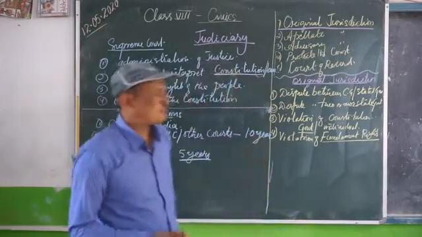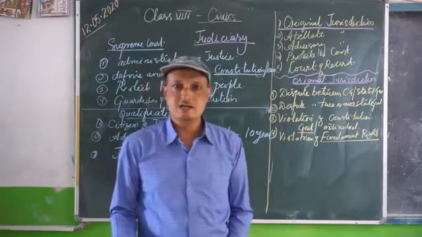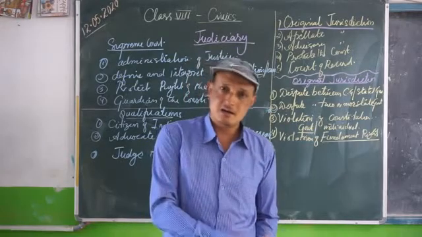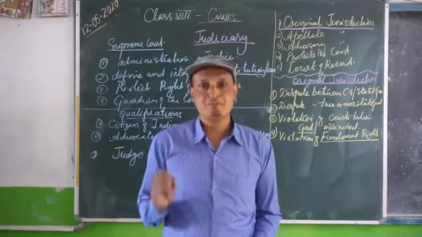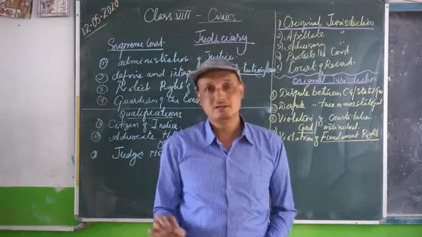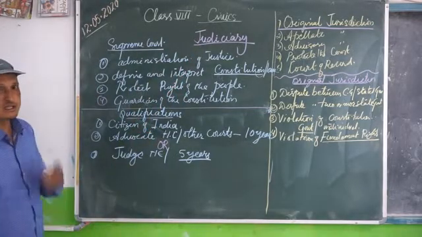Now, the Supreme Court of India is situated in Delhi, and consists of a Chief Justice and other judges who are appointed by the President of India in consultation with the Prime Minister. Then, what are the functions of a judiciary that we saw?